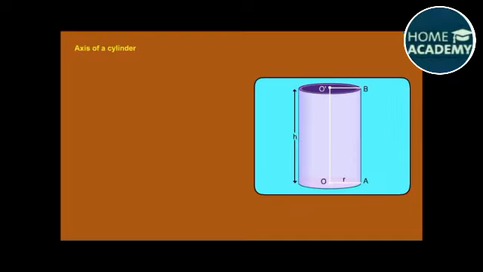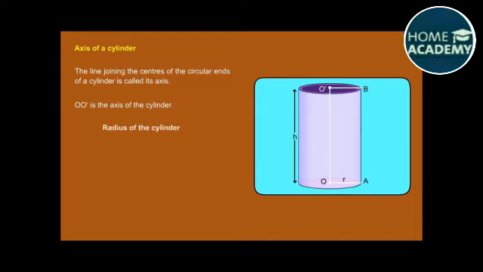Axis of a cylinder. The line joining the centers of the circular ends of a cylinder is called its axis. OO' is the axis of the cylinder.